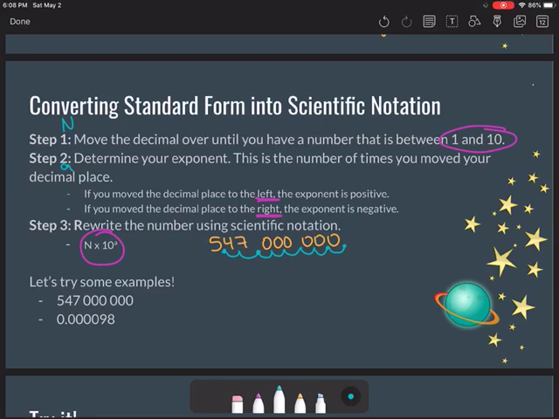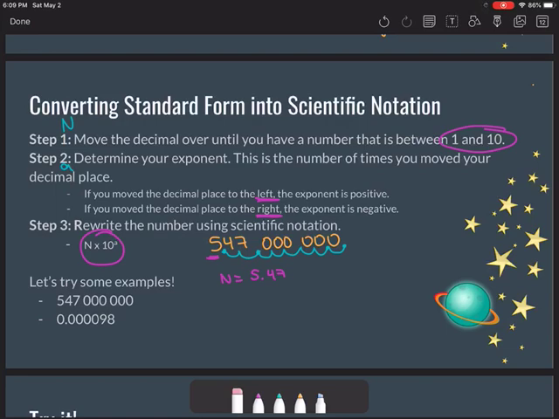So we have 5 to the left of this decimal place and every other number to the right. So that is step 1. Our n value is going to be 5.47. We could write all of these zeros, but it's actually unnecessary if we write them after this decimal place. So we will have 5.47 as our n value here.